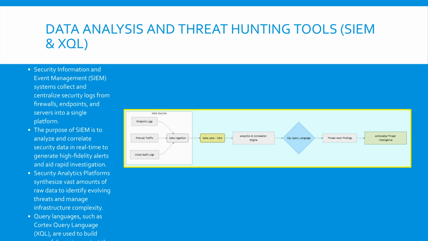The XQL query language acts as the primary tool used by analysts to interrogate this engine, allowing them to perform deep, specific searches. Successful searches generate threat hunt findings, which are then converted into actionable threat intelligence. This process ensures that security teams can quickly analyze large datasets to proactively discover and respond to threats using highly specific queries.